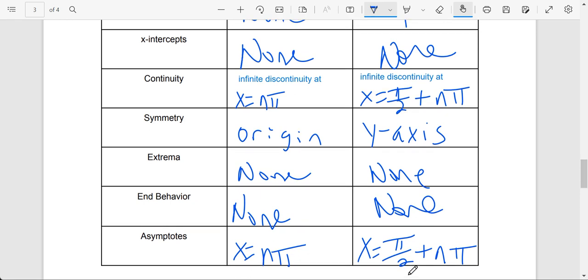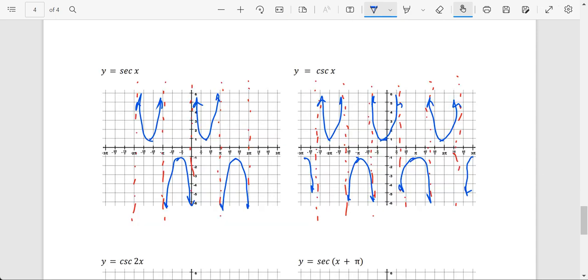Same sort of asymptotes. No extrema because they go on forever. They're fractions that have 1 over 0 point whatever, right? That can get bigger and bigger or more and more negative, depending on which way you're going. Here's what the basic graphs look like. Once again, I recommend you have the chart right beside here so you can look at them side by side for it to make sense. Also, the friendly reminder, these are referencing your unit circle, right?